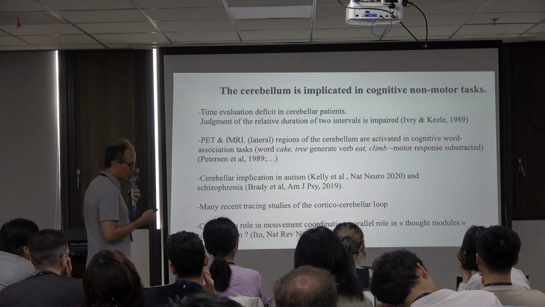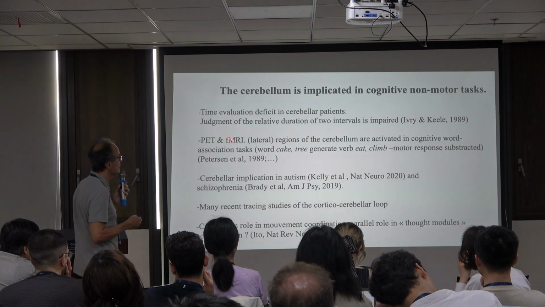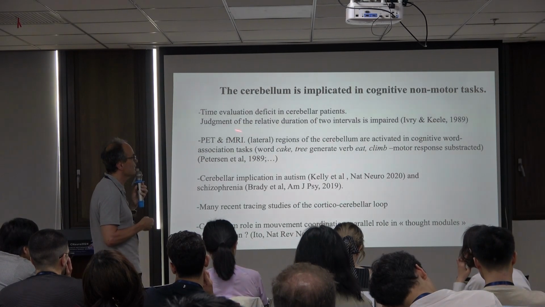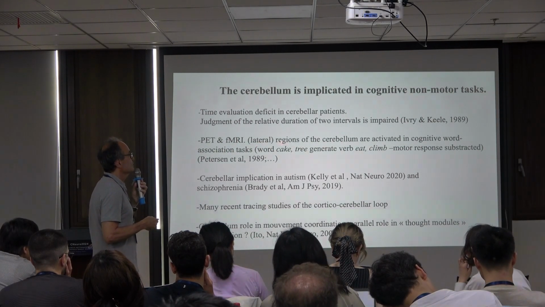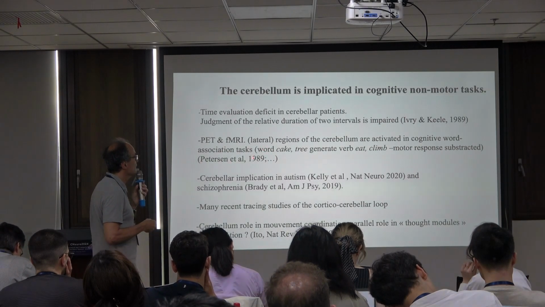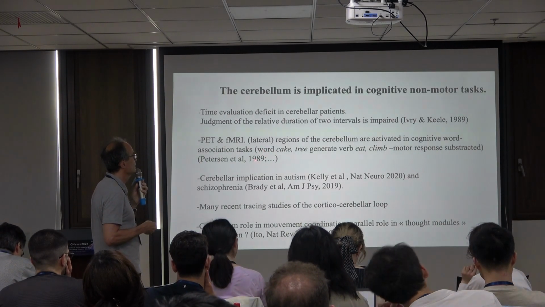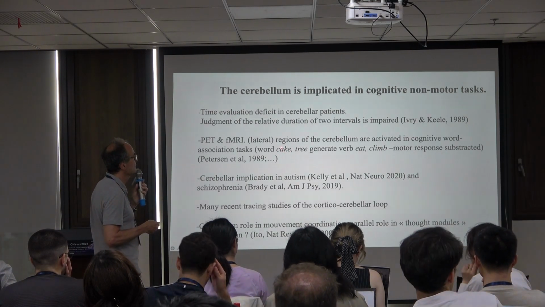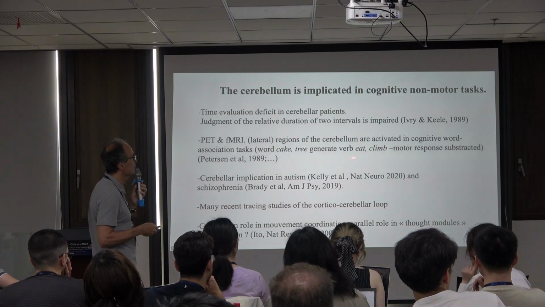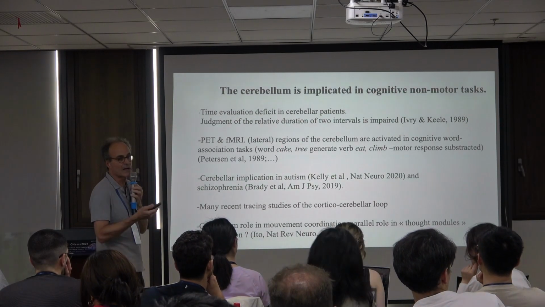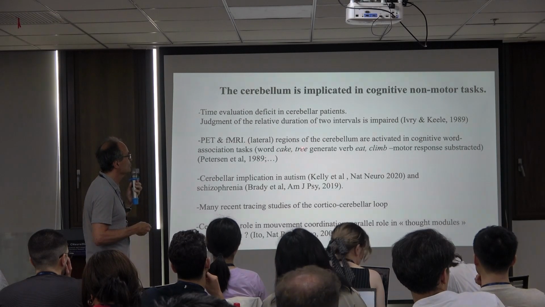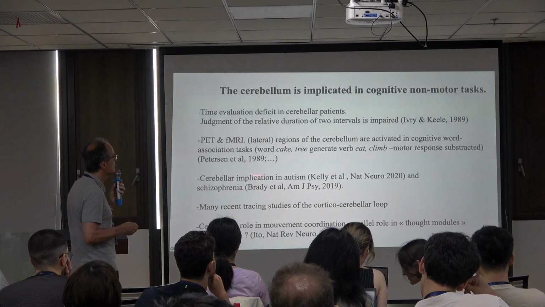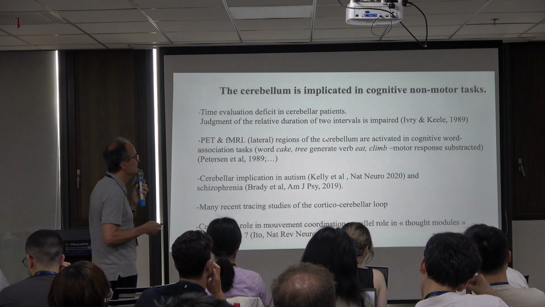You have also activation. In many experiments in humans for cognitive tasks, we use fMRI or PET. If you try word association tasks, where you show a word and you have to produce a verb that is commensurate with this word, like show cake and you output something like eat, or tree and you output climb, then you see a big activation of the cerebellum.